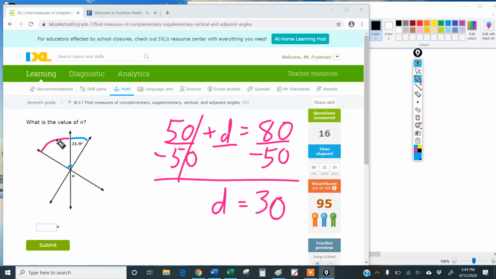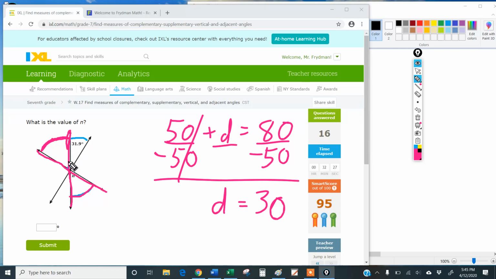And then once you figure out what that is, you know that this angle must be exactly equal to angle N. How do I know that it must be equal to angle N? Because I see that they are vertical angles. Okay, so basically we're doing 90 minus 31.9. That'll tell us what this angle is.